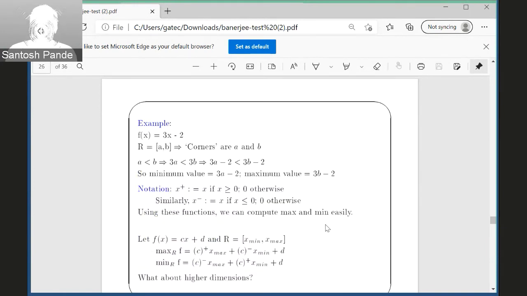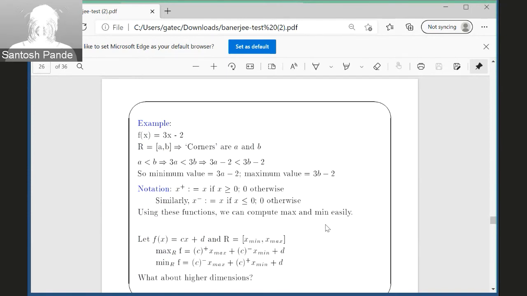Okay, so now on to the next step, and this is where we find out the minimum and maximum values, to find out what is going on in the function.